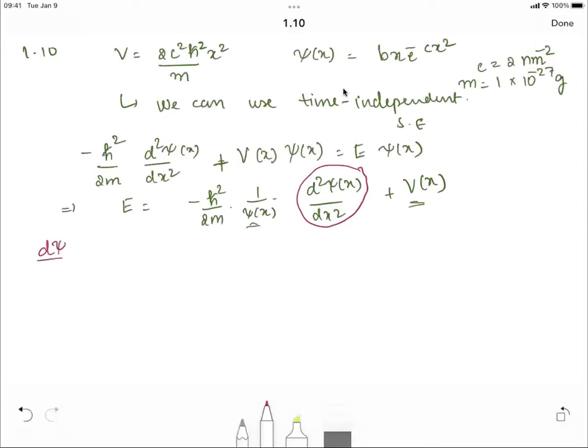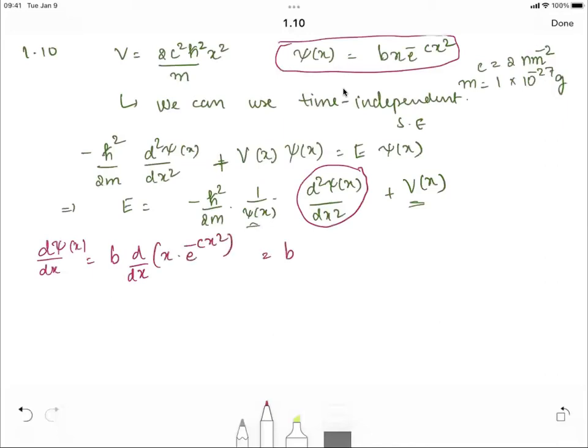Before computing the second derivative, let's compute the first derivative. Psi of x is given here, so let's take the constant out. Now we need to apply the product rule: the derivative of x times e to the negative cx squared.